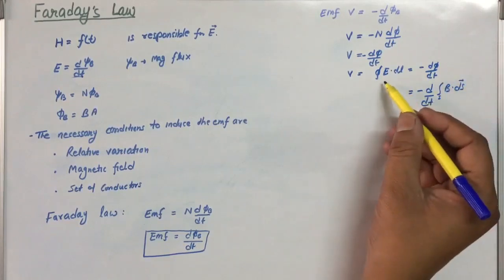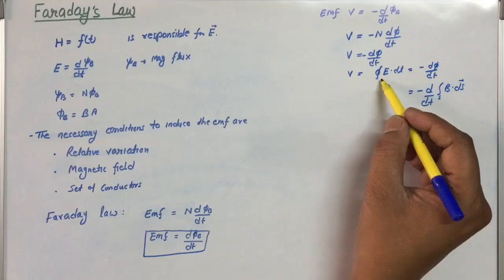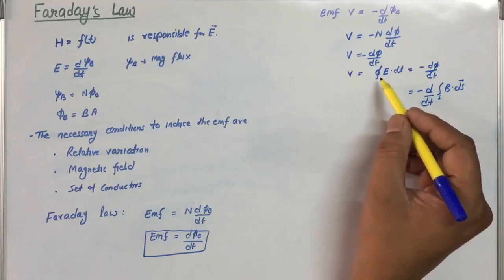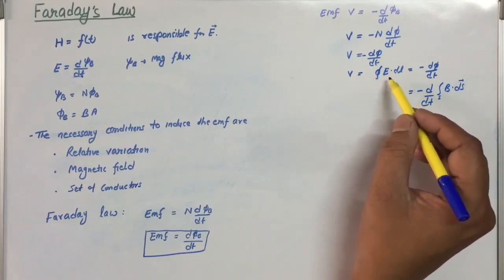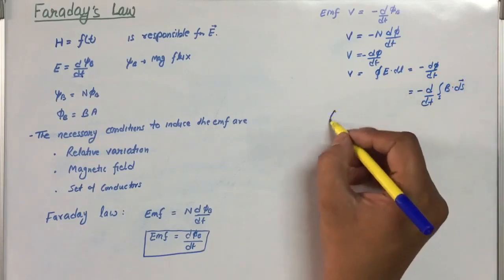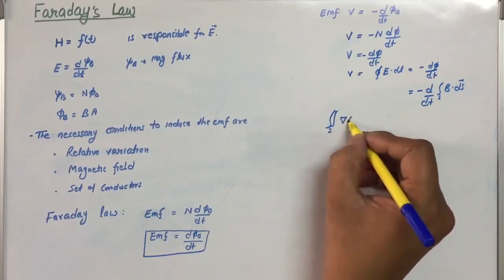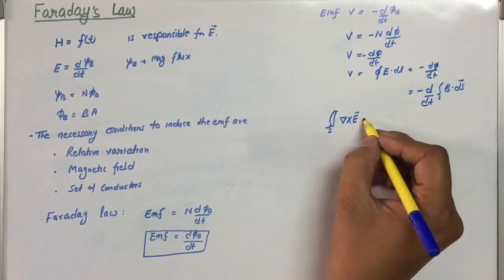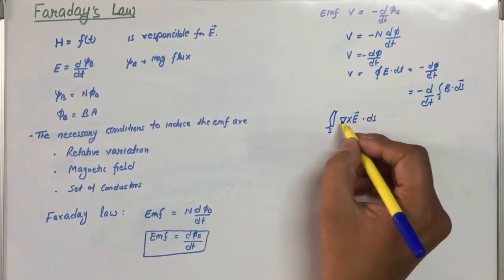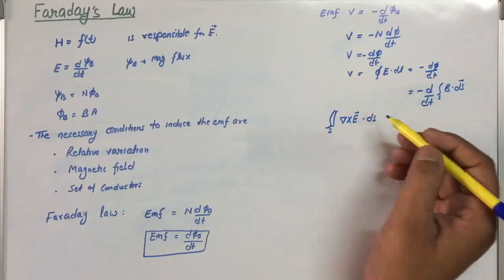And if we convert the line integral to a surface integral, applying Stokes' theorem, then we can write the surface integral of the curl, del cross E dot ds, to transform it from a line integral to a surface integral.